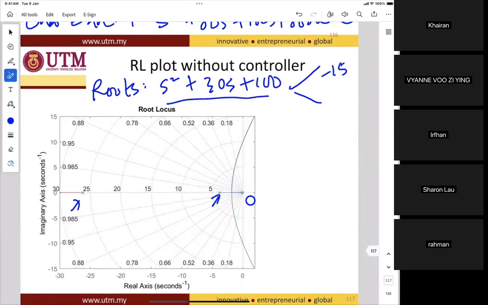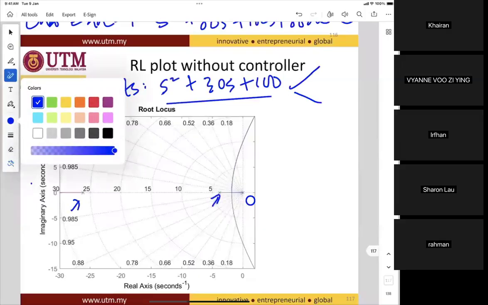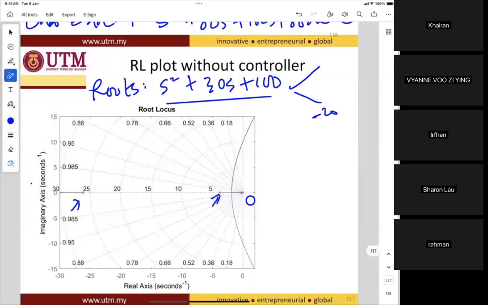Roots: negative 3.82, negative 26.18, and the other one, negative 3.82.